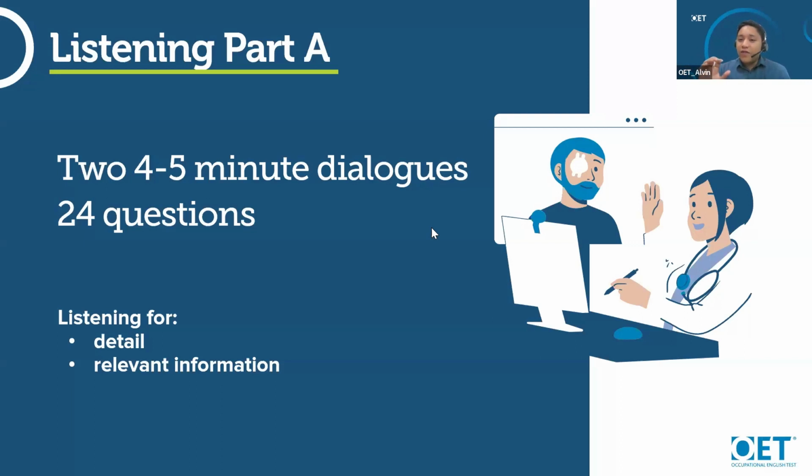So there is some information there that is relevant or essential for that particular purpose. On the other hand, I would suggest that if you are doing listening part A, you also need to practice to know which are the irrelevant details, the details which are not needed, right? So those are the primary goals in listening part A.